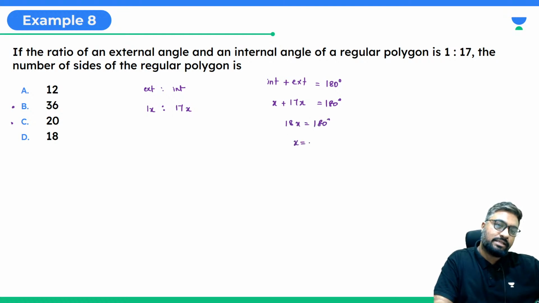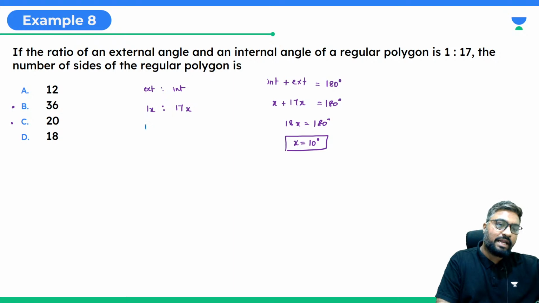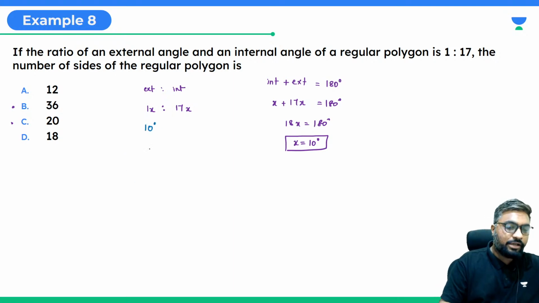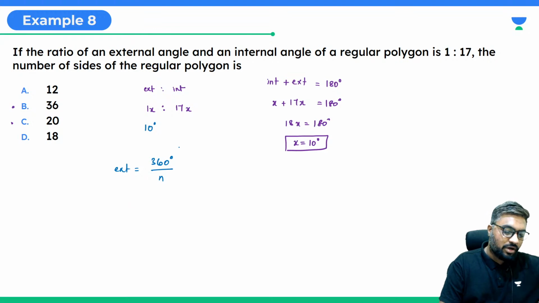So x is 10 degrees. From here you found one exterior angle to be 10 degrees. In a regular polygon, one exterior angle is basically 360 degrees by n, because the sum of all the exterior angles is 360 degrees.